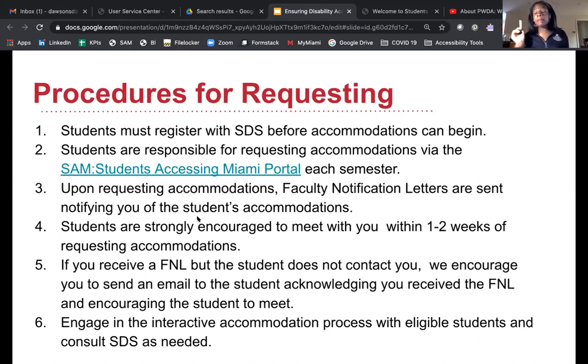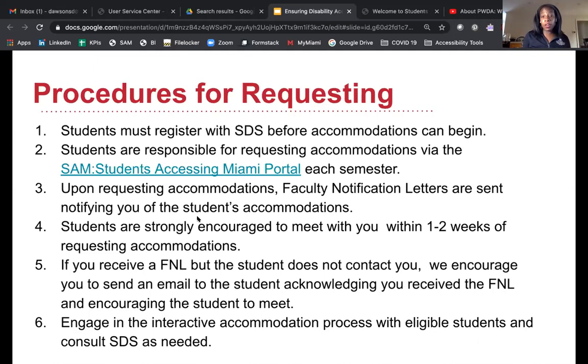Now, you guys want to be aware as GAs or TAs, what we encourage faculty to do is that when they receive a faculty notification letter for a student, yes, we tell students, you need to make contact with your faculty. You need to engage in the interactive process and talk with your faculty member. Most students do, but on occasion they don't.